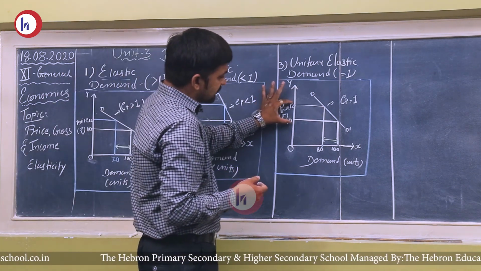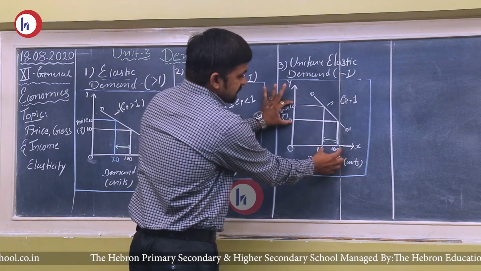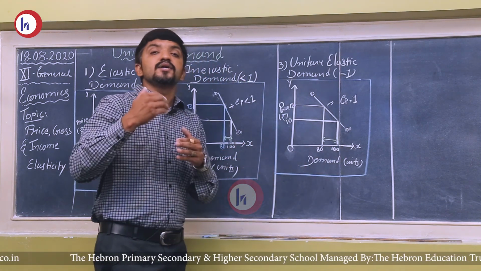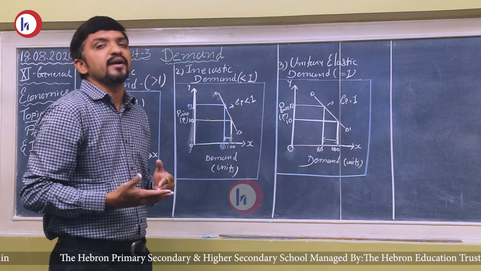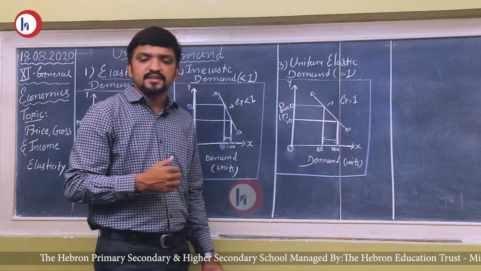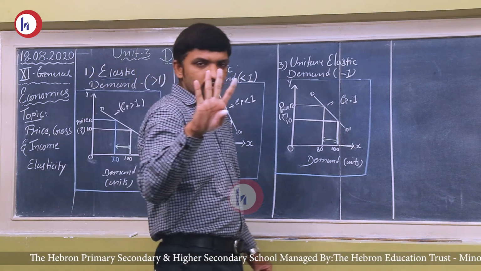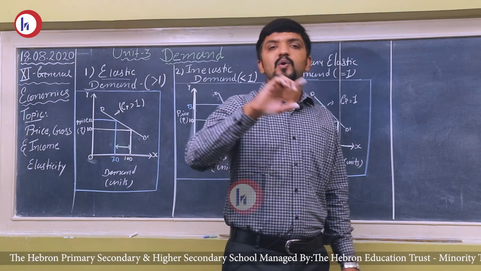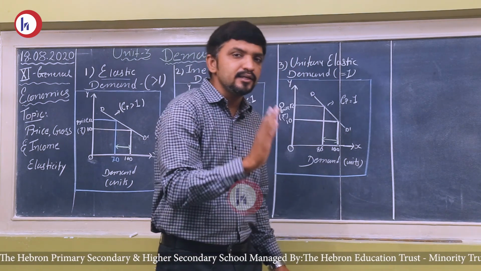When it brings the same proportionate percentage change in demand of a commodity, it is unitary elastic demand. Now the reason for this revision is because for the fourth and fifth one we have to keep this in mind.